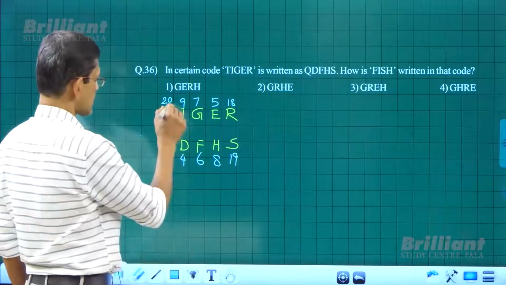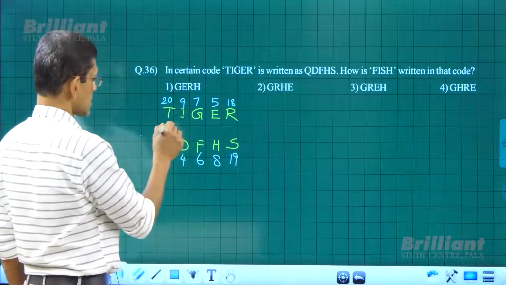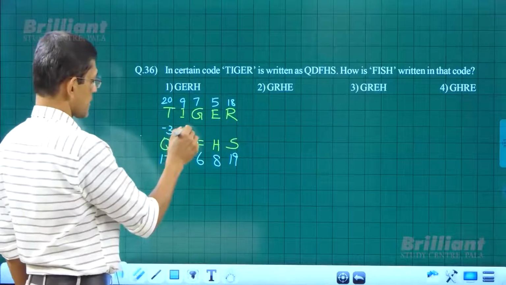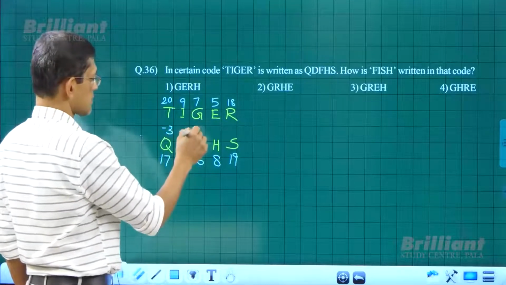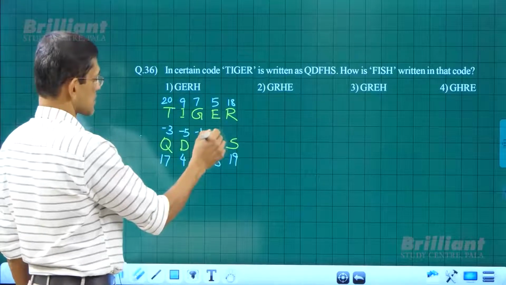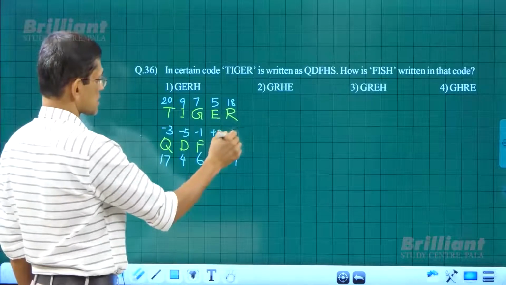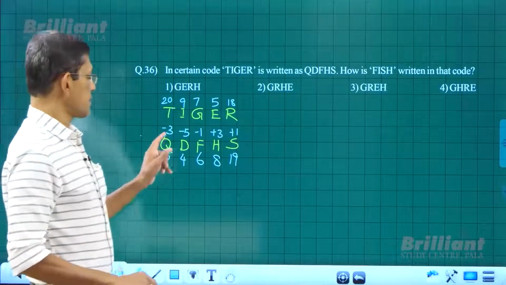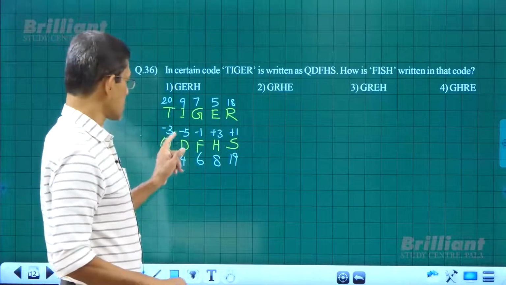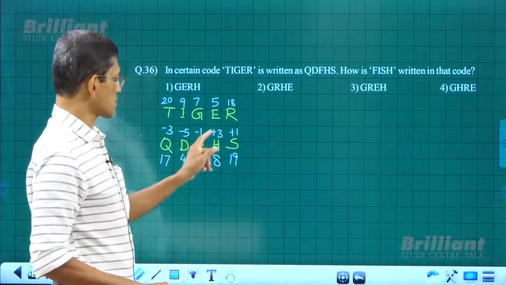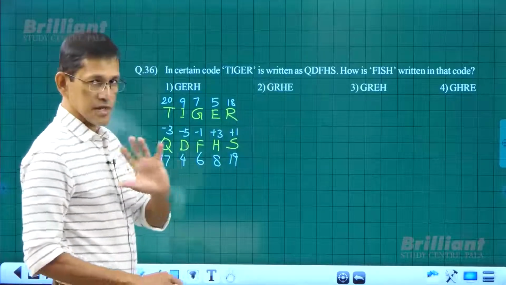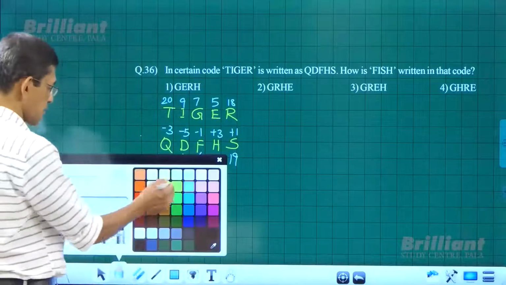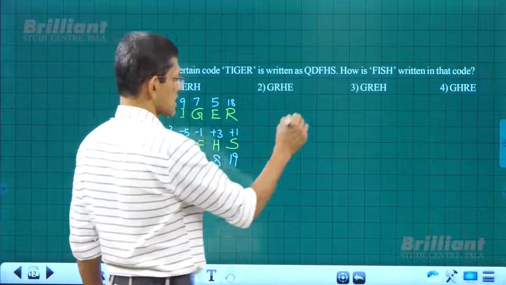So what is the difference here? 20 minus 3, that's 17, and 9 minus 5, that's 4, 7 minus 1, 5 plus 3, and 18 plus 1, that's 19. And if you apply the same pattern, minus 3, minus 5, minus 1, plus 3, with that, fish has only 4 letters, this tiger has 5 letters. So if you try that, what do we get? Do we get the answer? Let's try that. Fish.